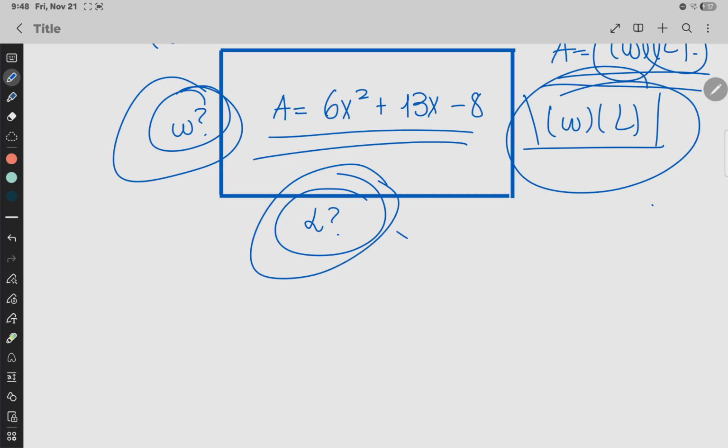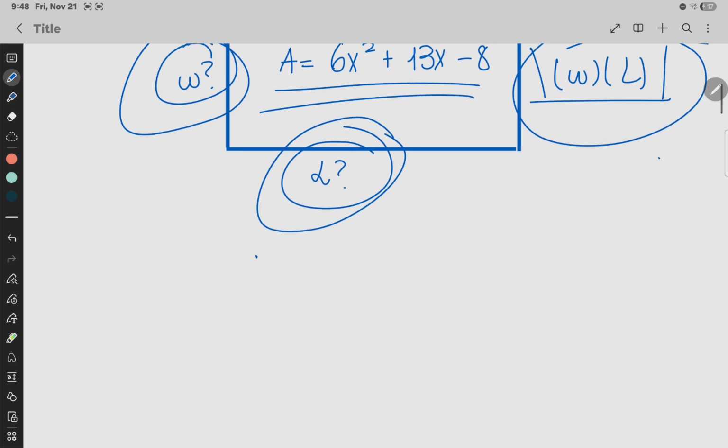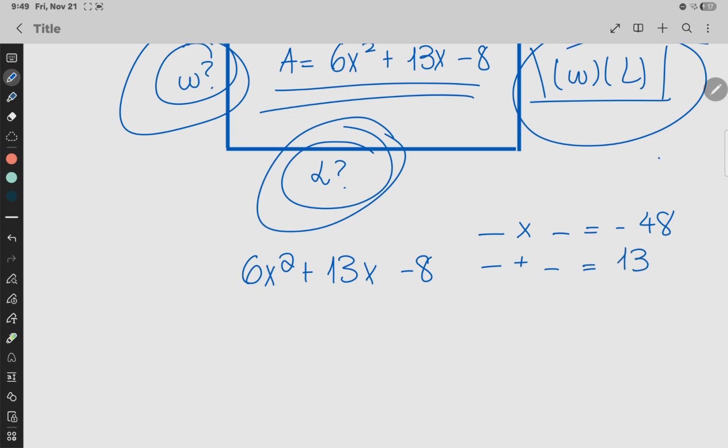Okay? So now we factor this: 6x squared plus 13x minus 8. We can't common factor here, so we just have to deal with the big number. That'll be negative 48 as the product of a and c, and the b term will be 13. Okay, so it's going to take some time to find the factors.